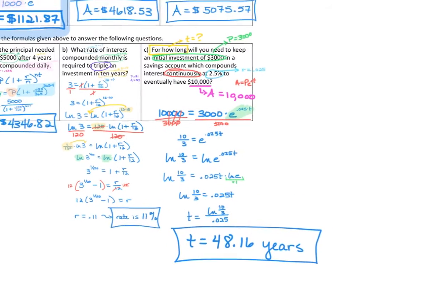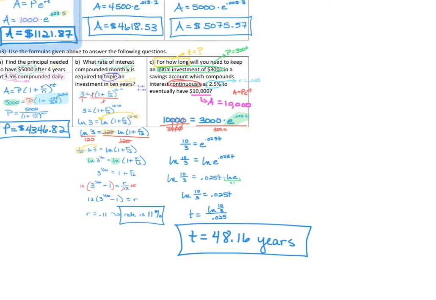In order to go from an initial investment of $3,000 to having $10,000 in an account that accrues interest continuously at 2.5%, you're going to need to not touch it for 48.16 years.